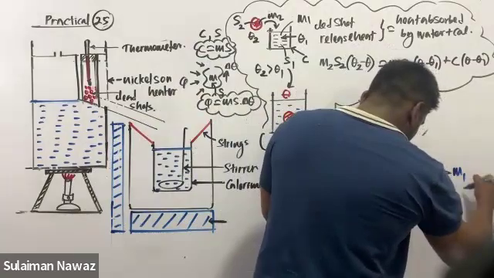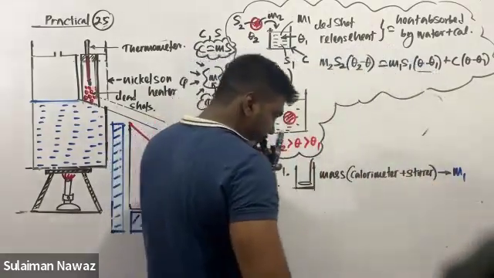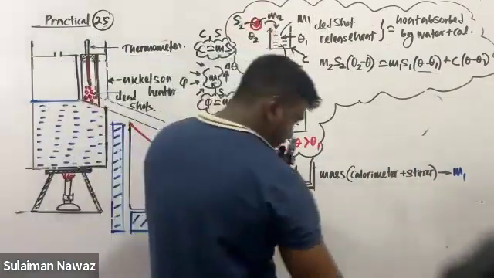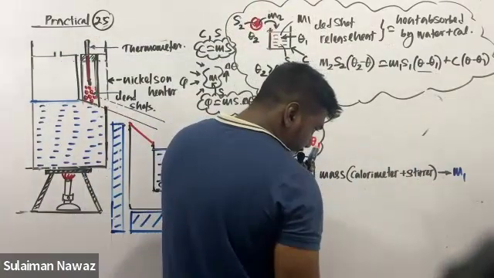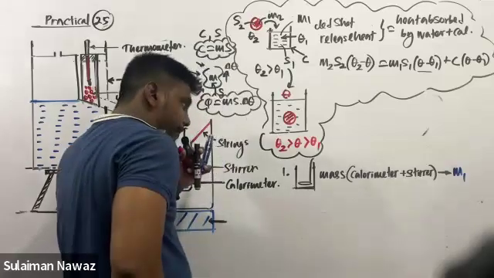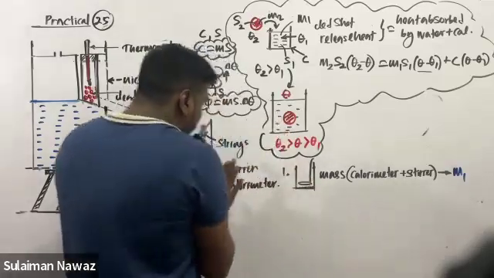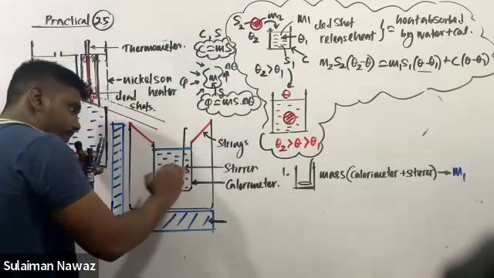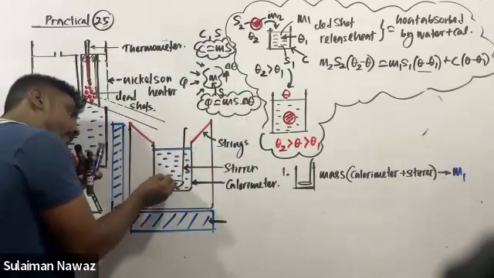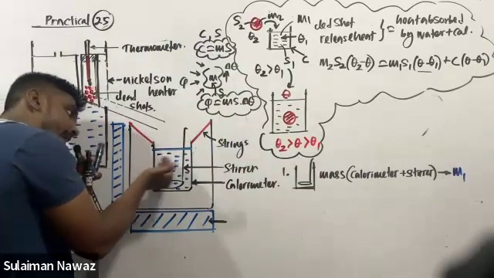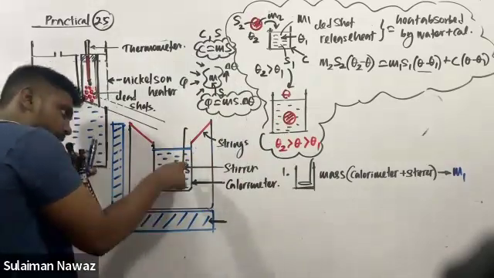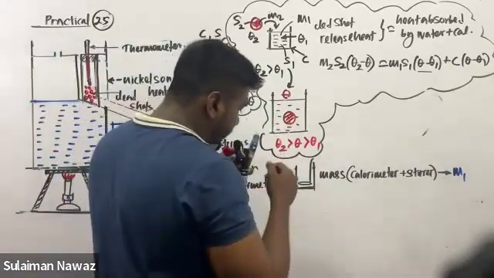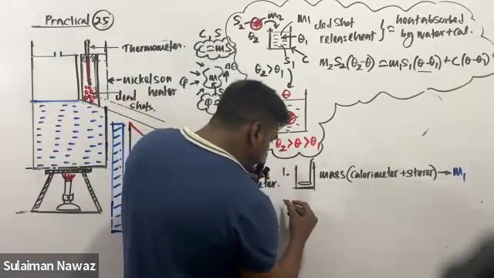Then the second step is to fill water into the calorie meter, up to half of the calorie meter. After you put the water, again measure the mass.